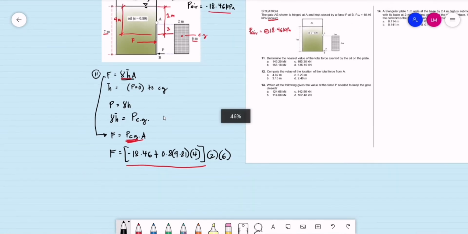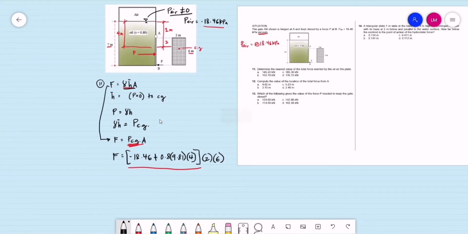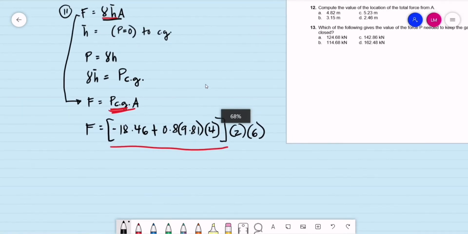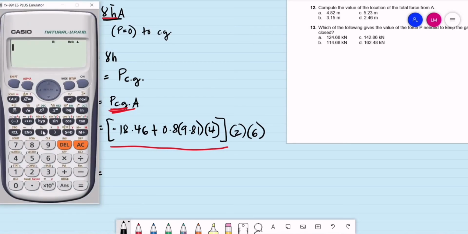Okay? So, kung hindi zero pressure yung liquid surface, i-reword ninyo, the total force is equal to the pressure on the center of gravity multiplied by the area of the submerged surface. So, computing for the force, ito yung negative 18.46, the vacuum pressure, plus 0.8 times 9.81, times yung height ng oil hanggang sa center of gravity, which is 4.